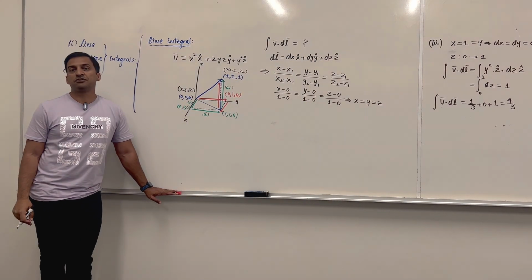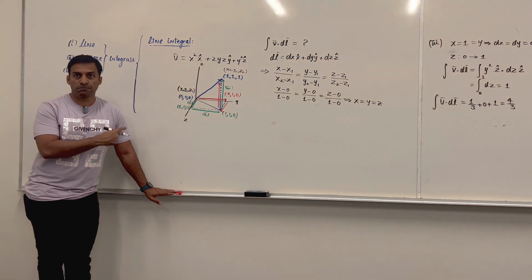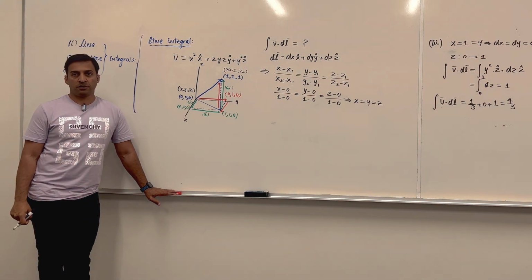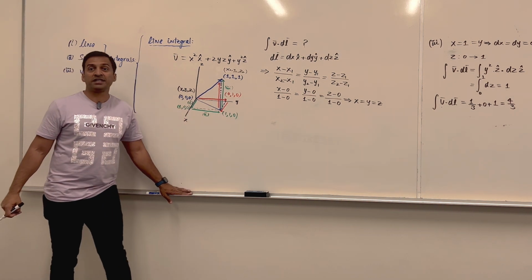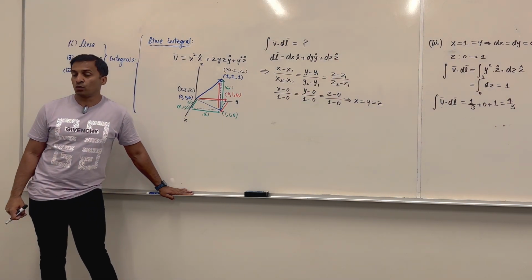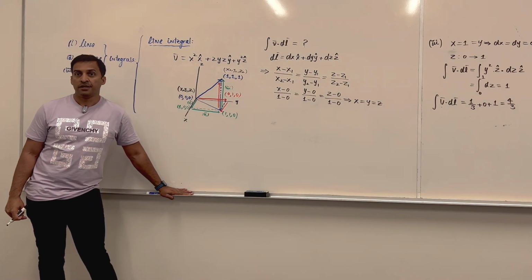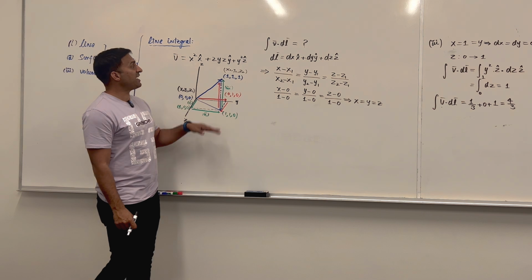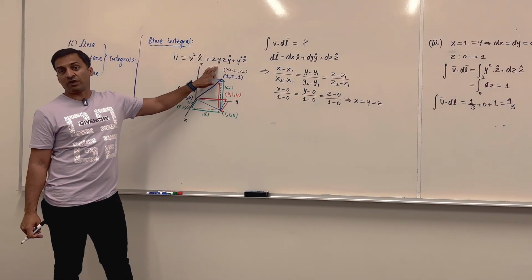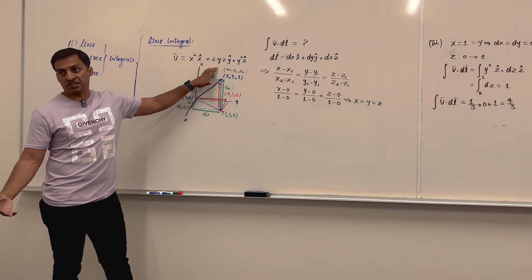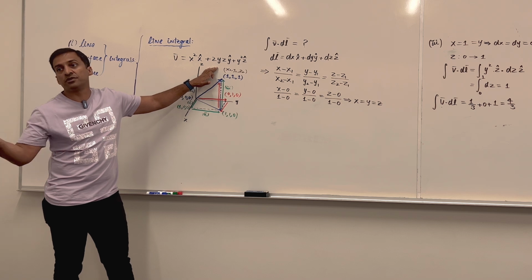This tells us that if you take this blue path directly from the origin to this point (1, 1, 1), your x is equal to y is equal to z. Which means that in this vector function, you can write 3 variables in 1 variable of your choice.